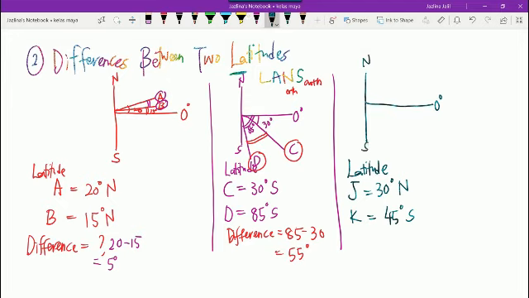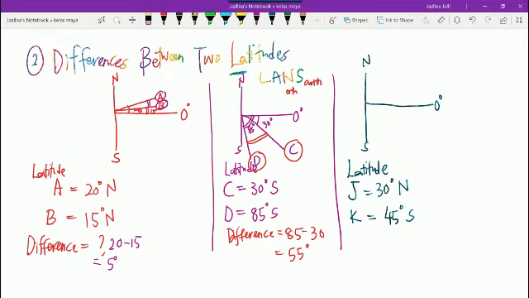And as you realize, actually for latitude, the highest angle is only 90 degree. Okay, because starting from here to the south pole will be 90, and from the equator to the north pole also will be 90. Okay, so you won't see value more than 90 degree.